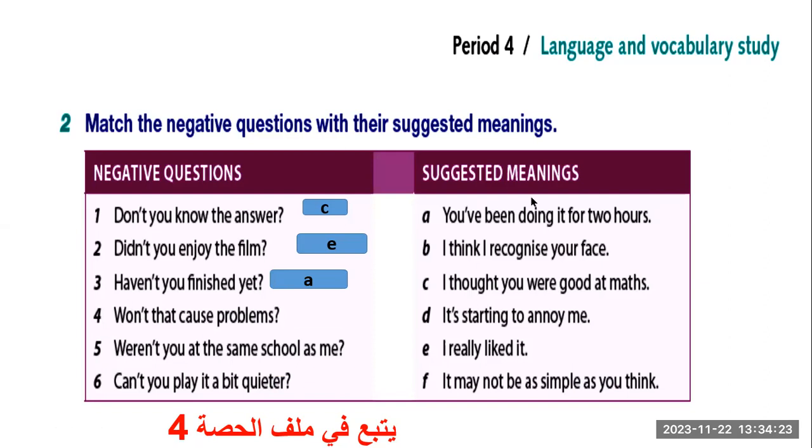Now, the next one, Ali Sabah. Won't that cause problems اللي هي it might not be as simple as you think. اوكي، لن يسبب لنا مشاكل، ما هو مش سهل، اذا الشيء اللي مش سهل ممكن يسبب مشاكل.